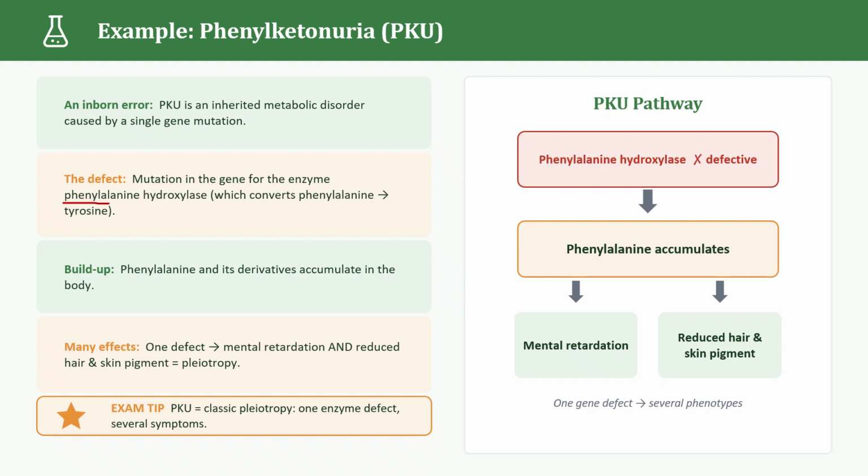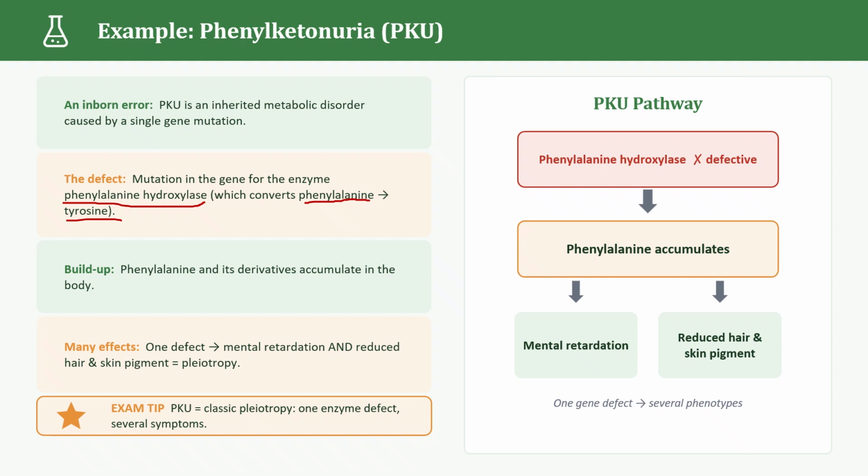So what does this enzyme do? The enzyme converts the amino acid phenylalanine into tyrosine. And this tyrosine is required for the synthesis of several important compounds, including our melanin pigment.